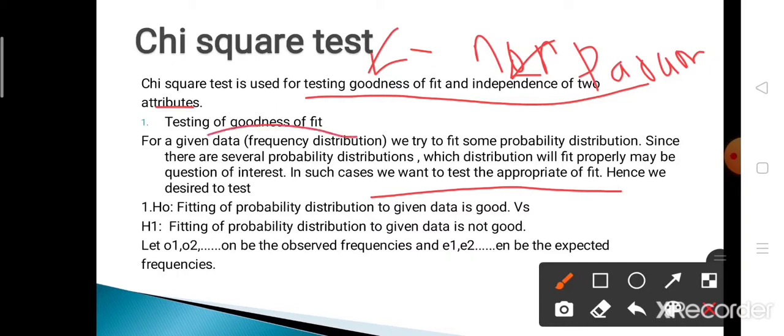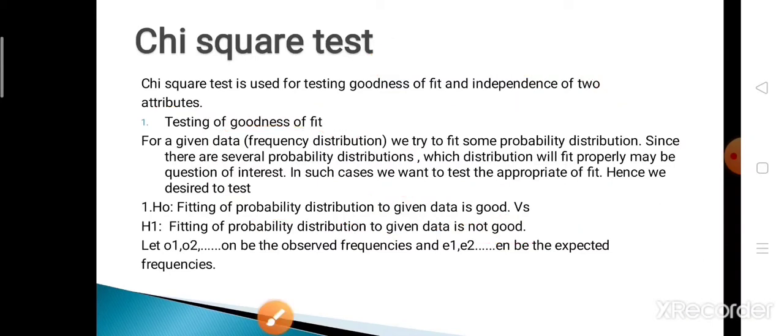So H0, that is the null hypothesis, is: fitting of the probability distribution to the given data is good, and the opposite to the null hypothesis, that is the alternative hypothesis, is: the fitting of the probability distribution to the given data is not good.